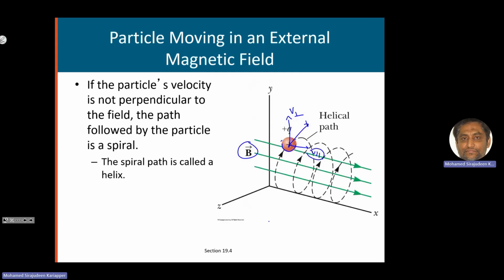At the same time, it will be moving in the direction of the magnetic field, ending up making a spiral-like path. This spiral-like path is called a helix or helical path. If the particle's velocity is not perpendicular to the field, the path followed by the particle is a spiral. So we call that spiral path a helix. Sometimes called the helical path.